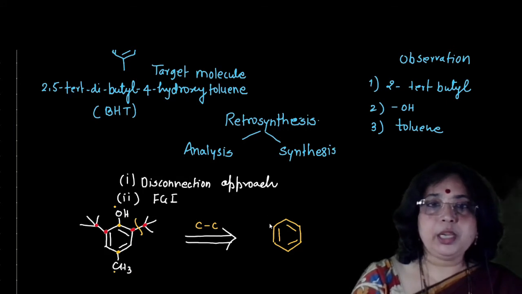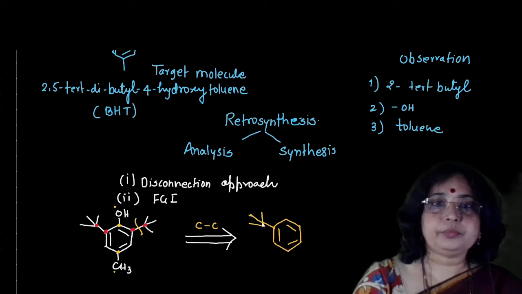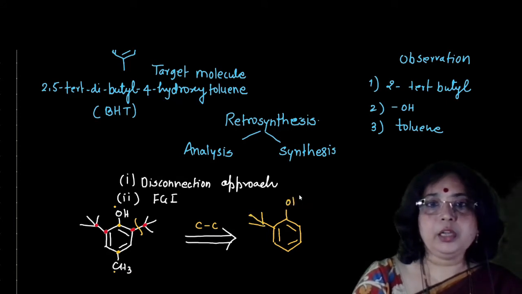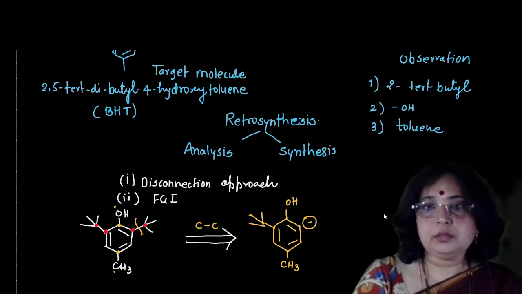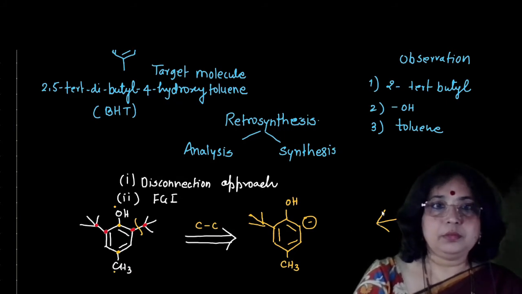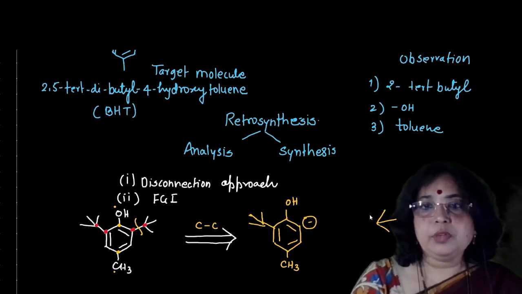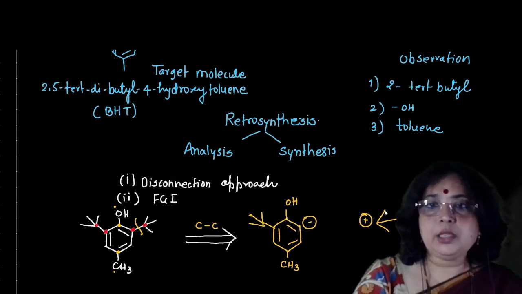So here I have disconnected this fragment, and here I am getting this negative charge on the aromatic ring, and this will be positively charged. So how many carbon atoms are there? There are 4 carbon atoms, 1, 2, 3 and 4.